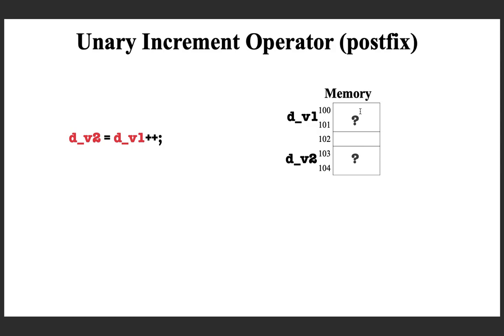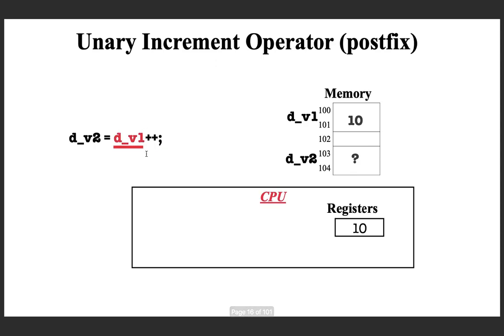Assume that they get memory allocated like this, 2 bytes each, and also assume that dv1 is holding the value 10. Now see how this RHS is going to be executed. At first, the value of the variable dv1, which is now 10, is fetched into a microprocessor register, a CPU register.